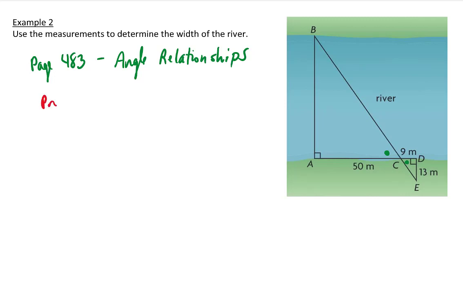So how do you prove it? So we're going to prove that triangle ABC is similar to triangle, and then we have to carefully name them. So A matches D. They're both the right angled triangle. So A and D match each other up.